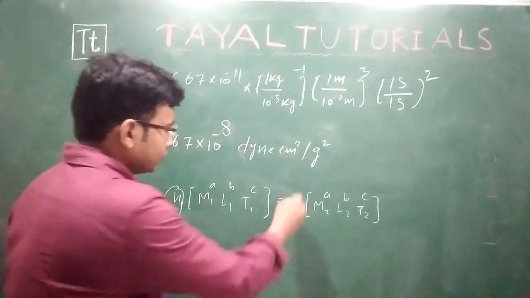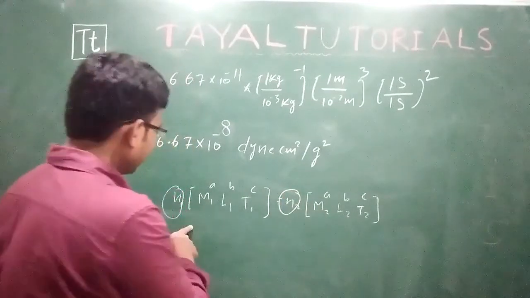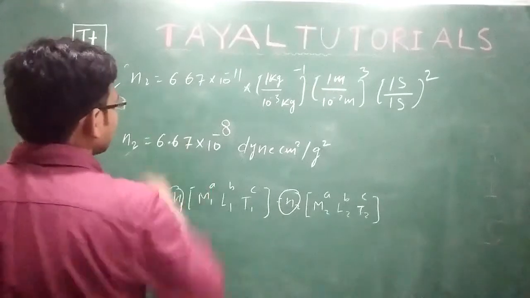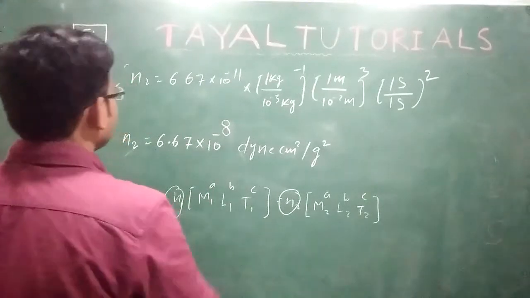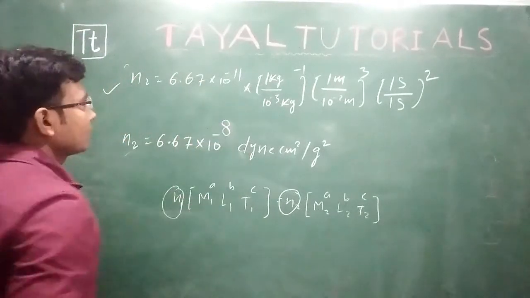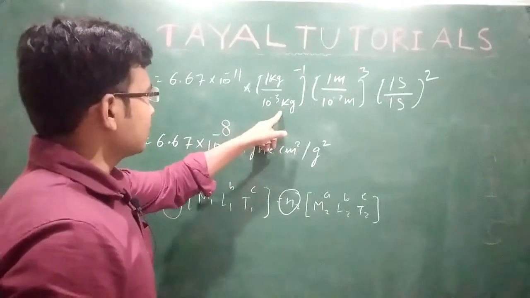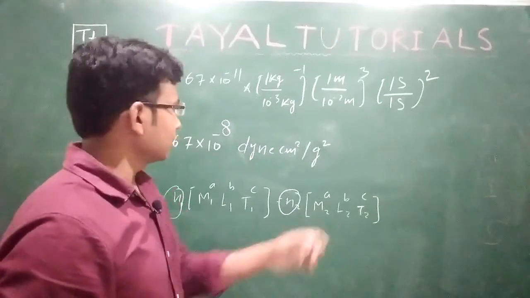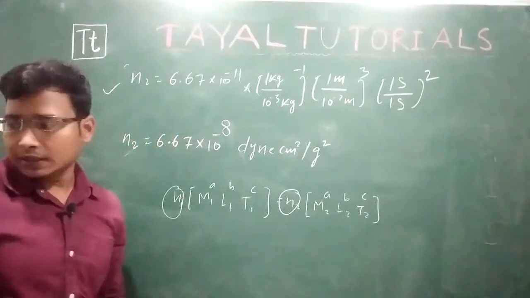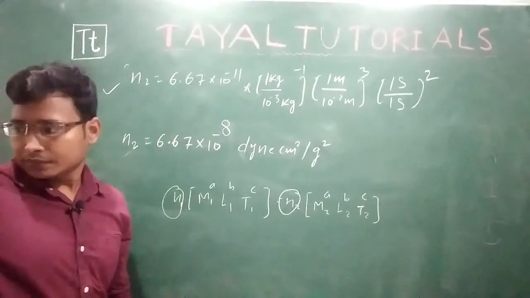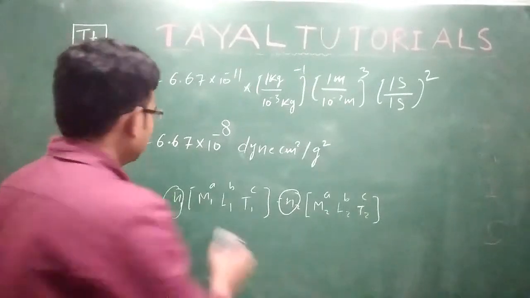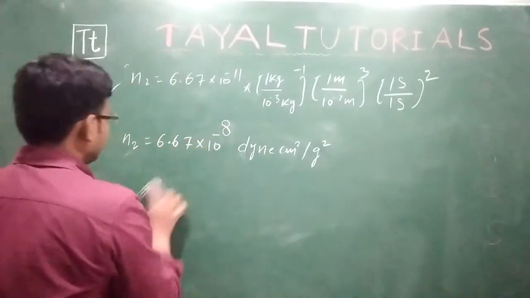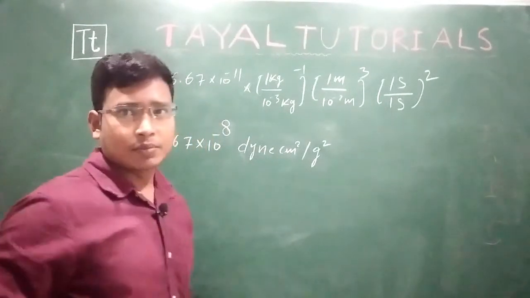So after calculating: n2 is 6.67 into 10 to the power minus 11 times kg upon 10 to the power minus 3 kg, meter upon 10 to the power minus 2 meter, 1 second upon 1 second square. After solving, the value of G will be 6.67 into 10 to the power minus 8 centimeter cube per gram per second square.